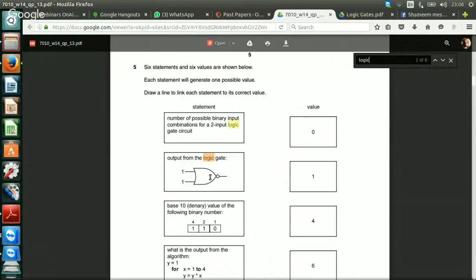Can you remember the shape? This looks like OR, but it has a bubble in front of it. This is a NOR gate. In an OR gate, if we have 1 and 1 as input, the output will be 1. But NOR is the inverse of OR, so 1 and 1 will give 0. So the answer will be this.